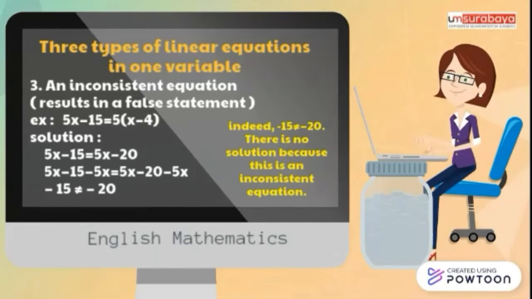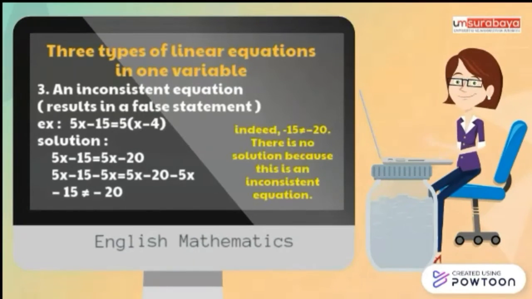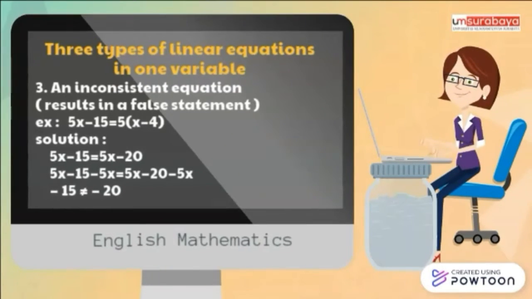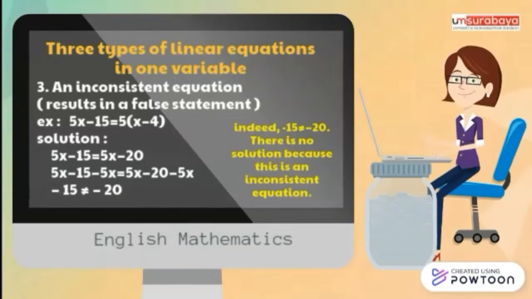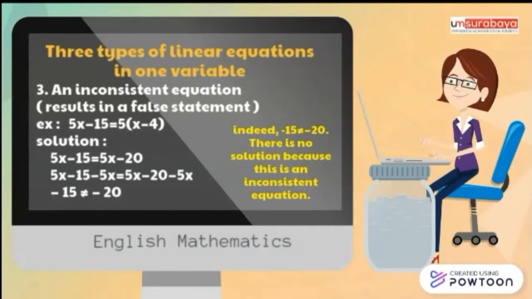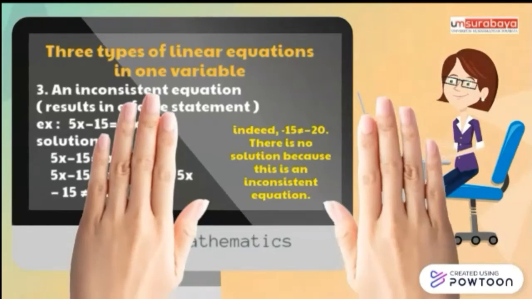Then 5x minus 15 minus 5x equals 5x minus 20 minus 5x. Subtract 5x from both sides. And then minus 15 does not equal minus 20. This is a false statement. Indeed, minus 15 is not equal to minus 20. There is no solution because this is an inconsistent equation.